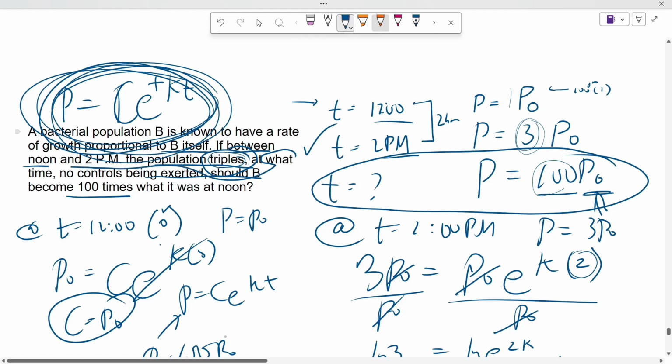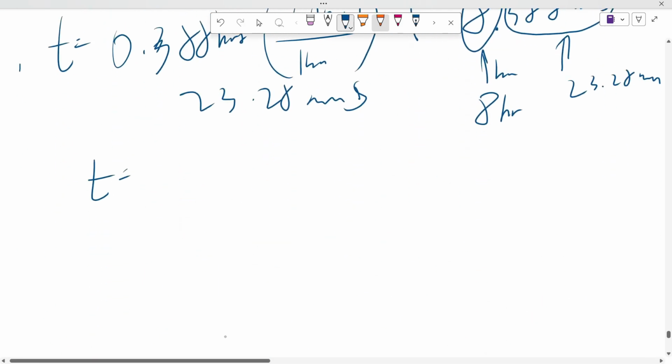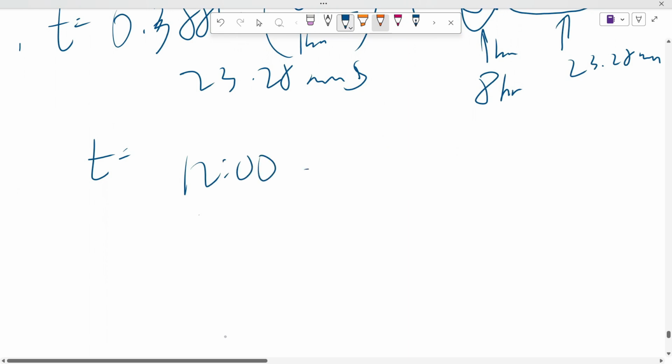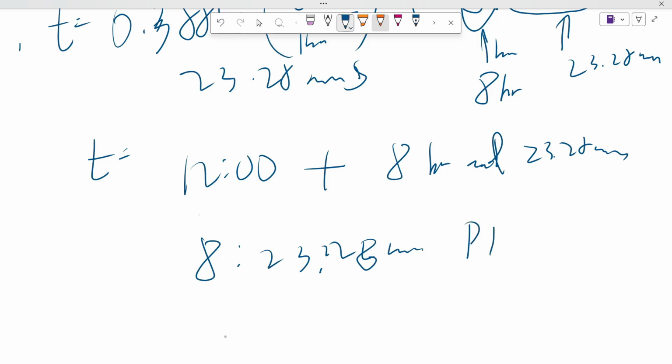At what time, with no controls being exerted, should P become 100 times what it was at noon. So it started at noon, which is 12 o'clock. 12 o'clock in the afternoon plus 8 hours and 23.28 minutes. This means at 8:23 PM, it becomes 100 times the initial.